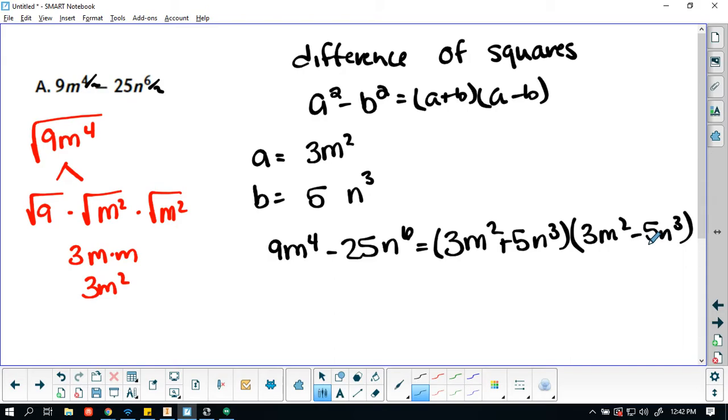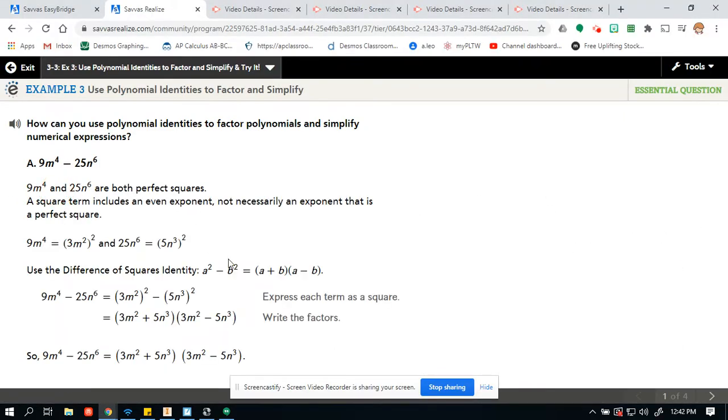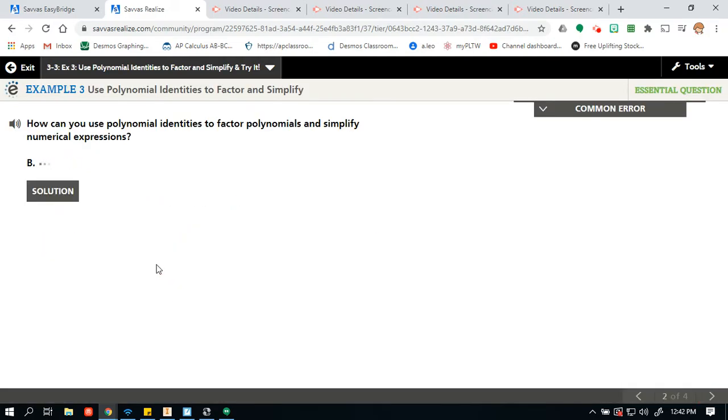And there we go. Let's go on to the second one.